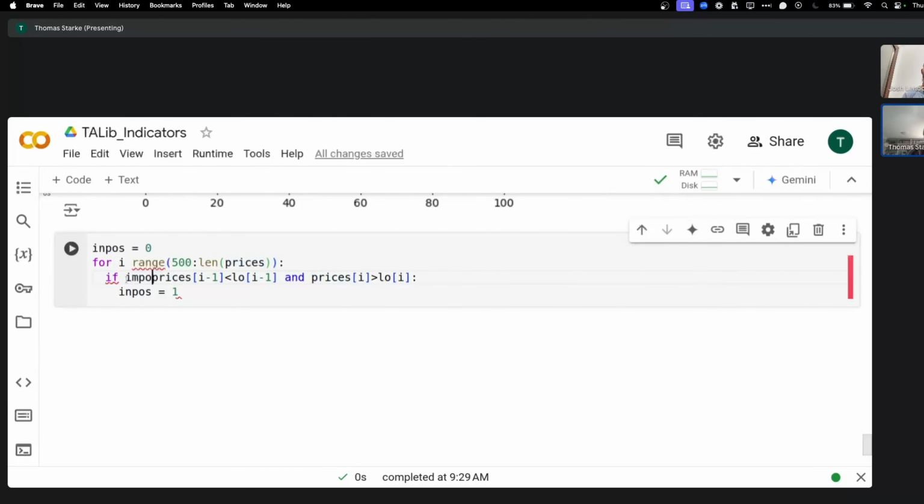We have to make sure we only do this if we're not in a position yet. So this is our entry condition, right? If impulse is 0 and our previous prices are below the band, and now the next prices are above the band, we get into a trade. And then what we do is we record an entry price, and the entry price is basically our current price.